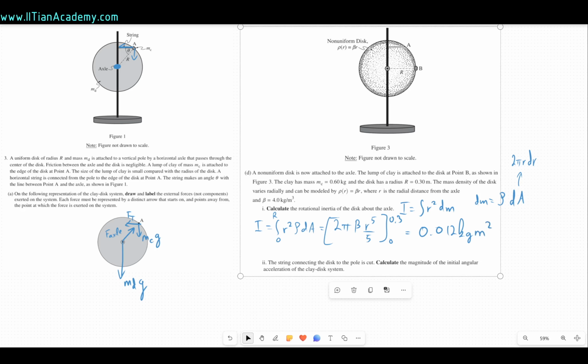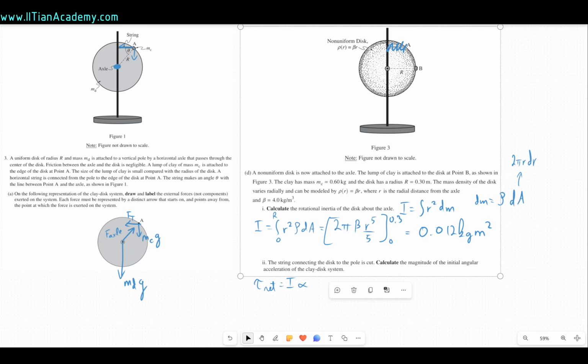Then in part 2, we need to calculate the initial acceleration of the system if we cut this rope. So what we know is that the net torque is equal to the moment of inertia times the angular acceleration.